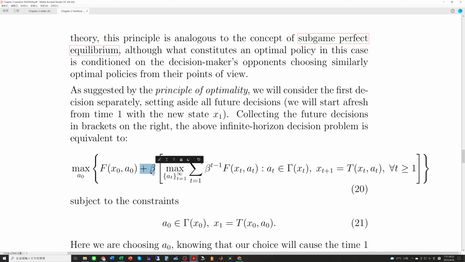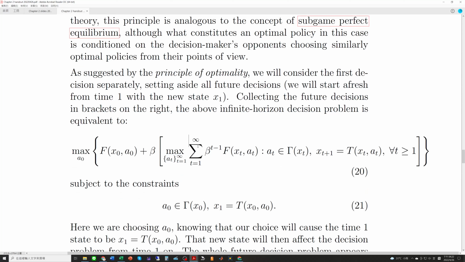Okay, beta is the discount factor, and times this term. Okay, let us see maximum, okay, at, at is the action at time t, for t is equal to 1 to infinity.